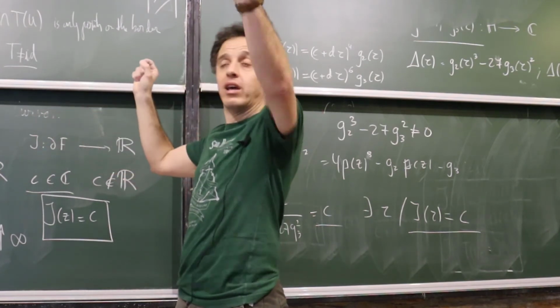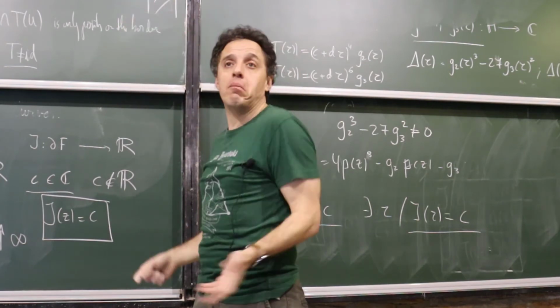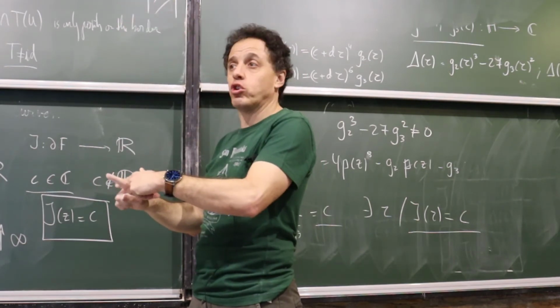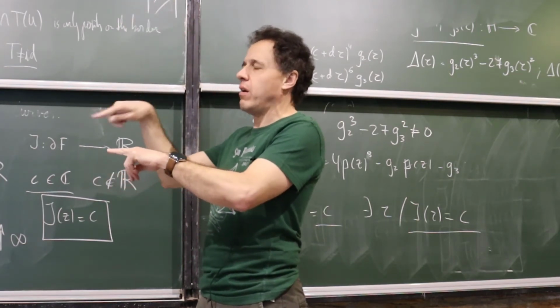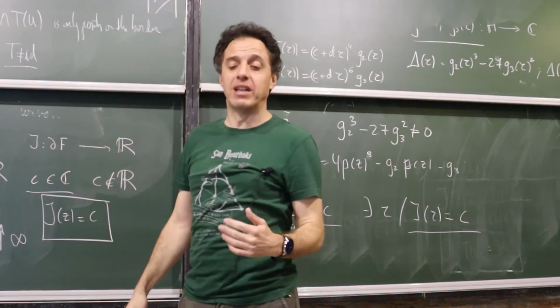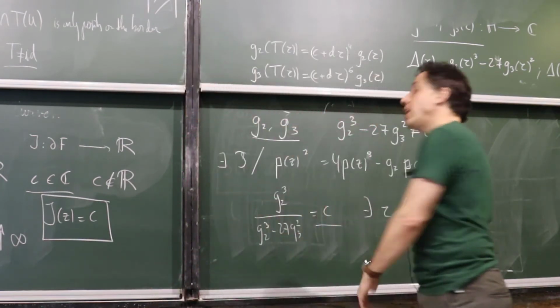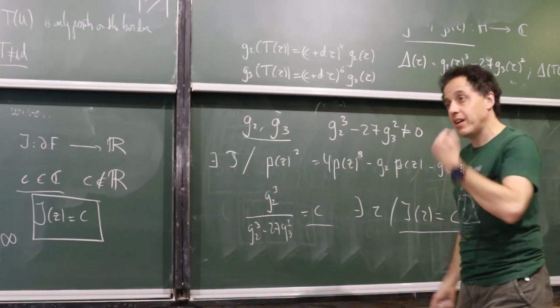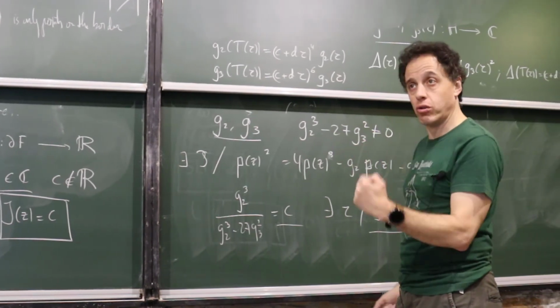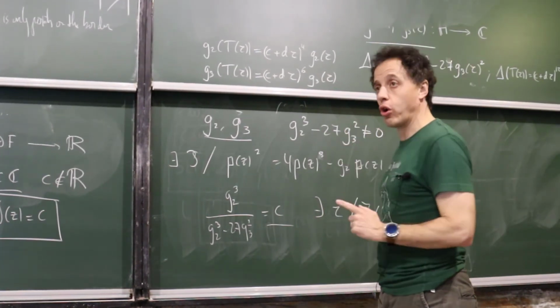So if you take a tau associated to one lattice and a tau associated to another lattice, taking two generators such that the quotient is a complex number of positive imaginary part, the function j allows to decide if the two lattices are equivalent or not.